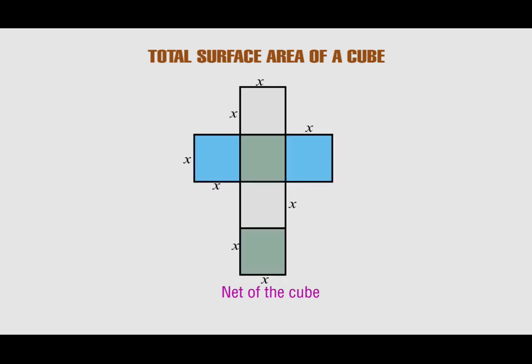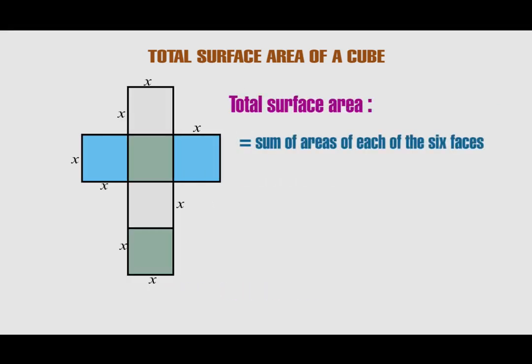If you draw the net of the cube, this is how it will look. Now, the total surface area is equal to the sum of areas of each of the 6 faces. You can see that each face is a square with a side x. Therefore, each face will have an area of x multiplied by x, and that will give us x squared.